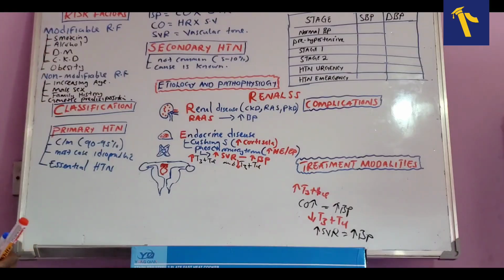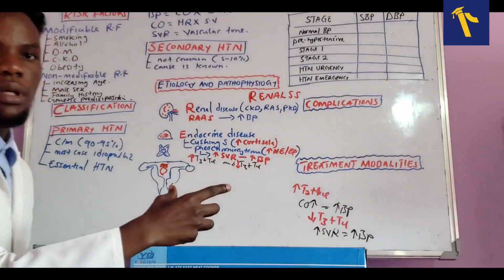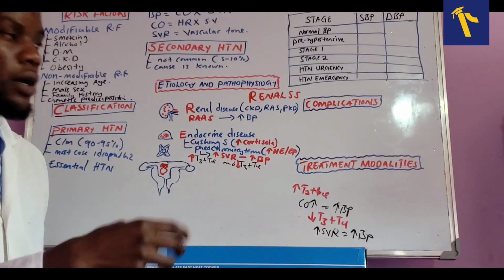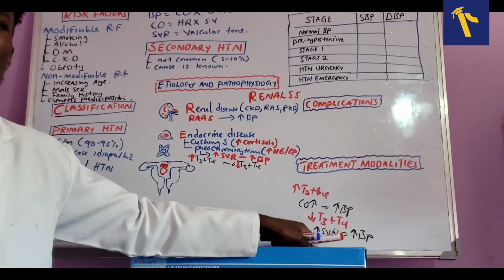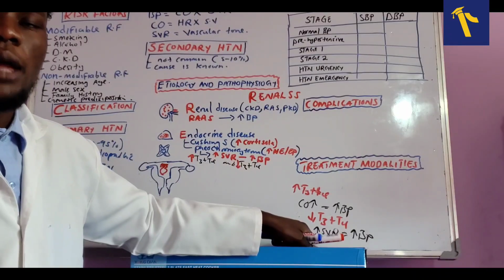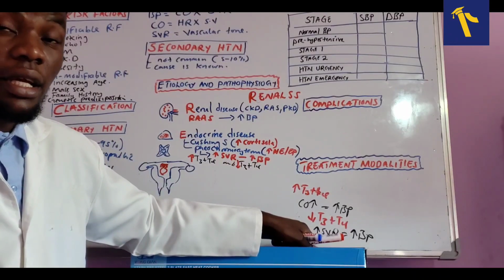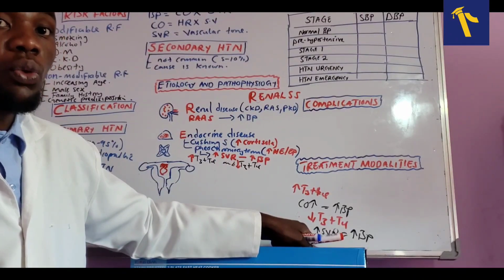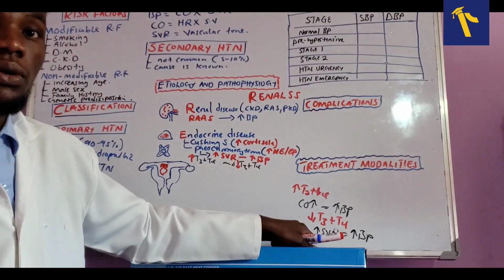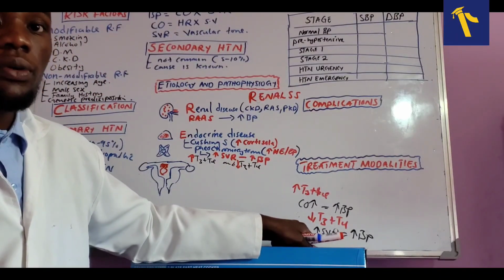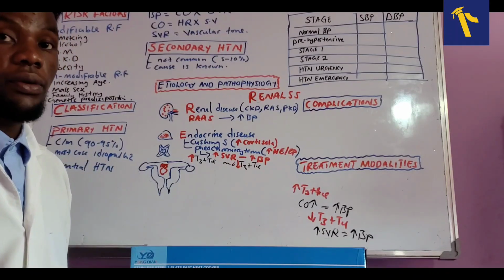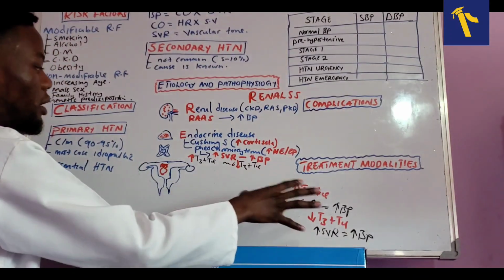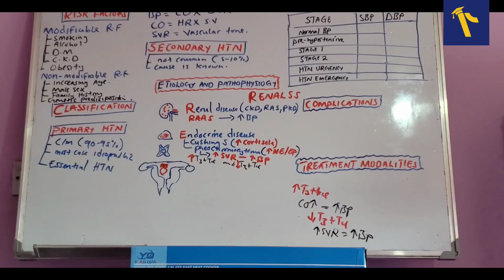If you remember, the effect of thyroxine hormone on the blood vessels is to vasodilate. In hypothyroidism you don't have these thyroid hormones, so now there is vasoconstriction, because they are not there to vasodilate the blood vessels. That's how they cause the increase in blood pressure.